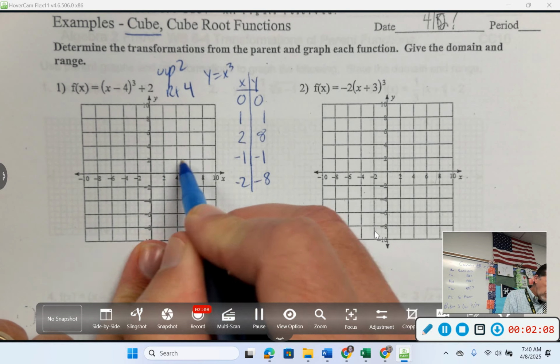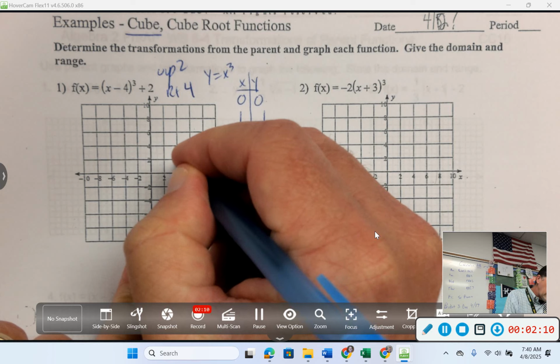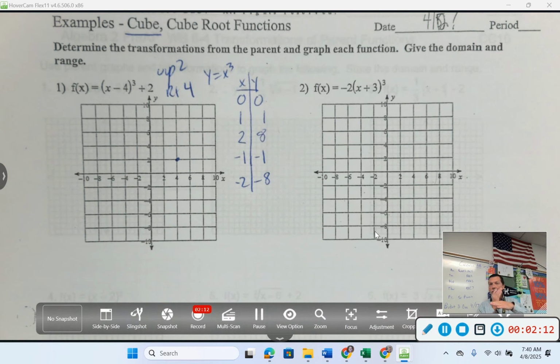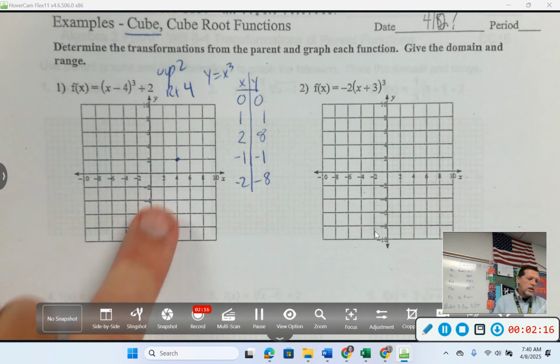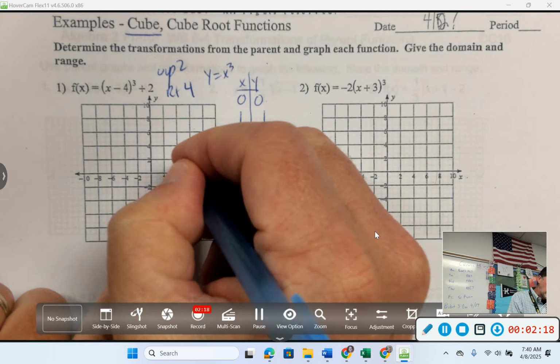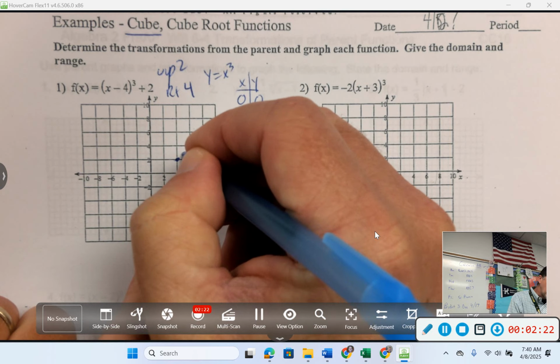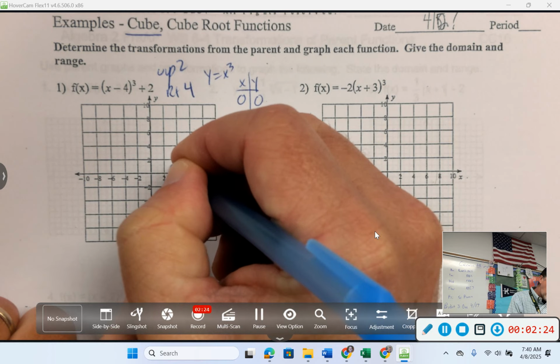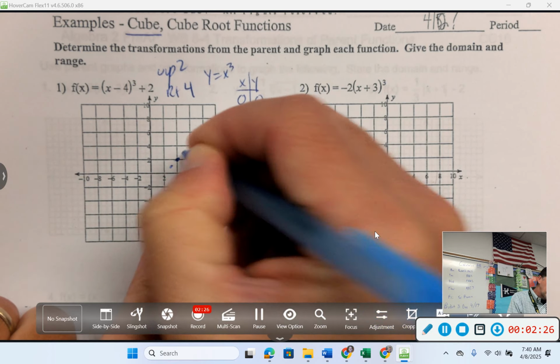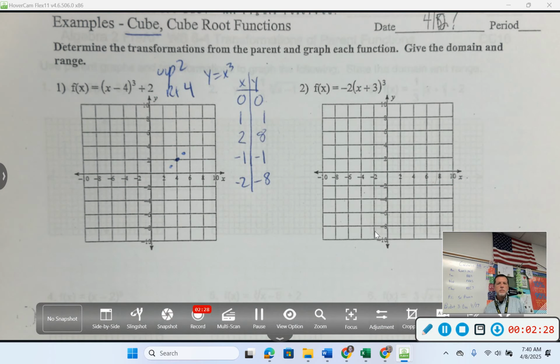Up 2, right 4. So there's my new origin. Sometimes we put the little cross there if it's going to be asymptotes. That's not the case here. We're going to go through 0, 0, so I can leave that there. Over 1, up 1. Again, be careful. That means half of a grid marker on each side.